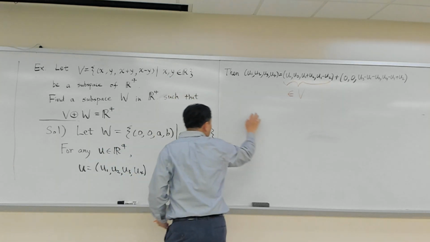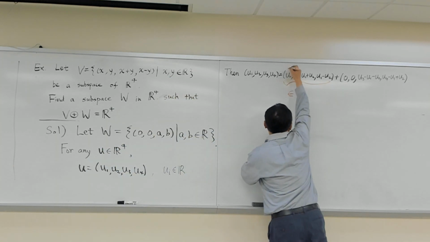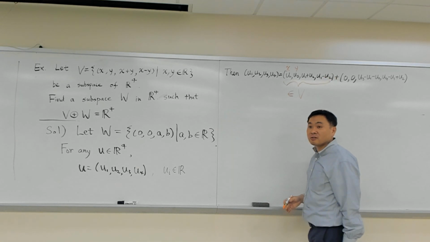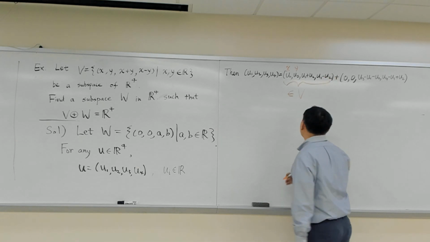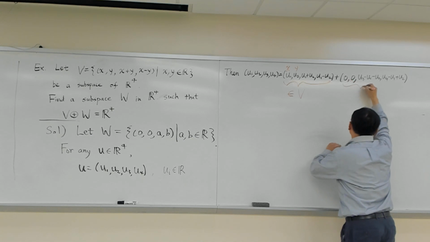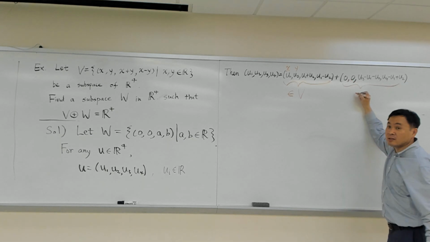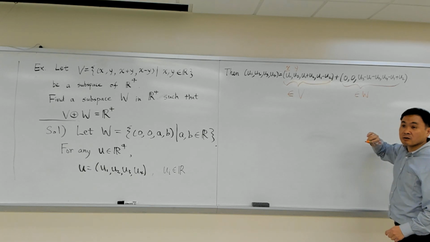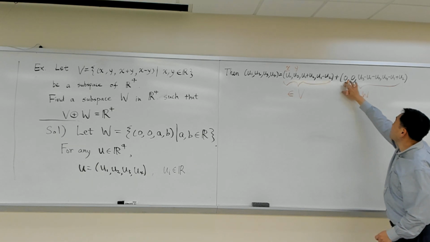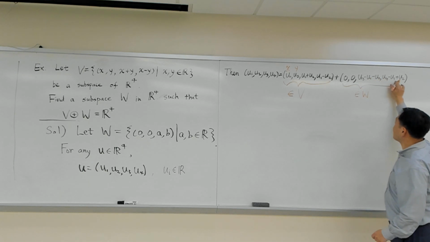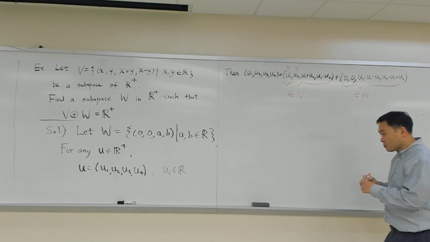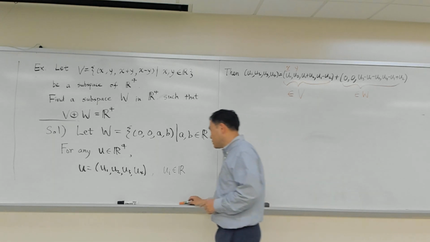So with x being u1 and y being u2, it perfectly makes sense. Right? Okay, and then anything that looks like this belongs where? In W. Right? Because anything that has 0, 0 with whatever and whatever belongs to W. Okay? So what did we just prove?